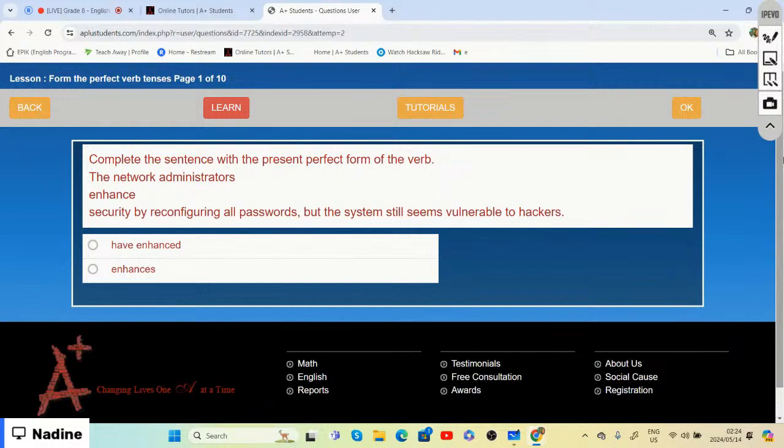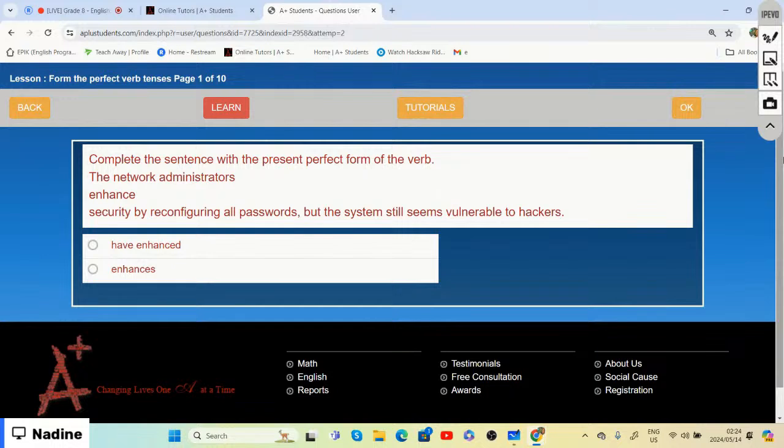It says complete the sentence with the present perfect form of the verb. The network administrators, do we say have enhanced or do we say enhances? This is the present perfect tense.